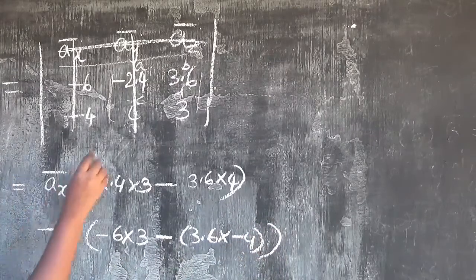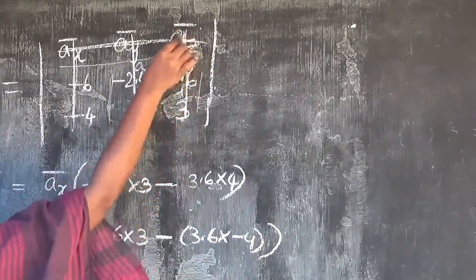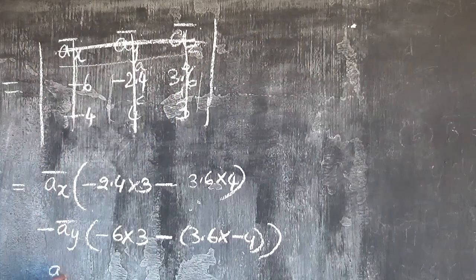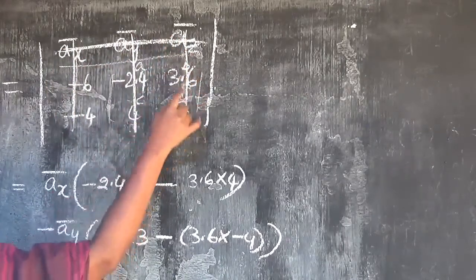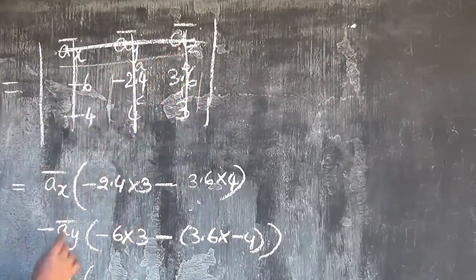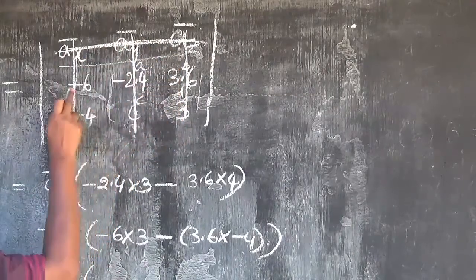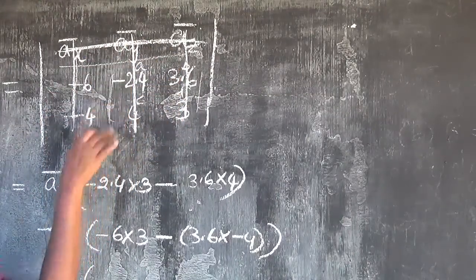So Az bar. To find the coefficient of Az bar, what do we have to do? We have to delete the row and column where this Az bar is situated. So if you delete this, A, B, C, D will remain.